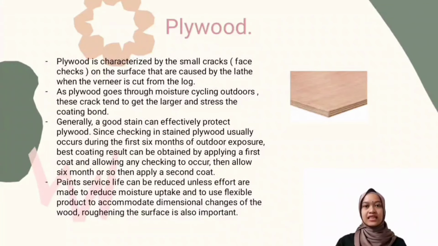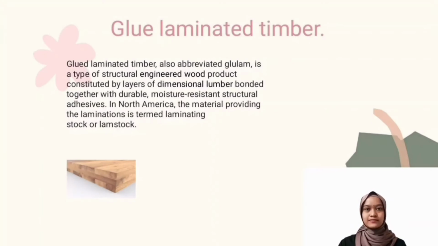Paint service life can be reduced unless efforts are made to reduce moisture uptake and also to use a flexible product to accommodate dimensional changes of the wood. Roughening the surface is also important.